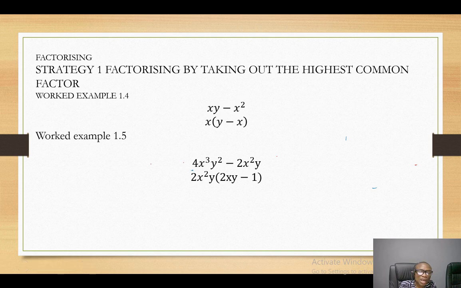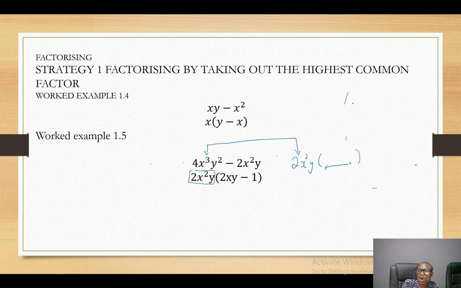Here, 2x squared y. So it's more like writing the highest common factor outside the bracket, and now you decide what you put inside the bracket. Remember what I said you must do? I said you must take your first term in your expression and divide it by the highest common factor.